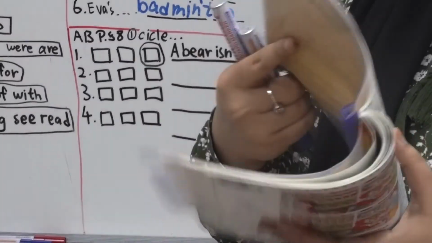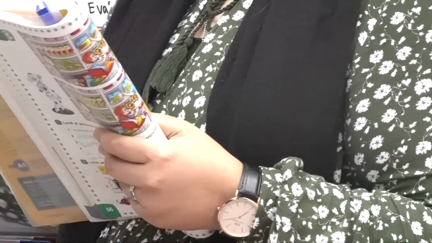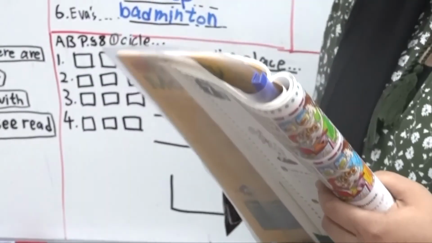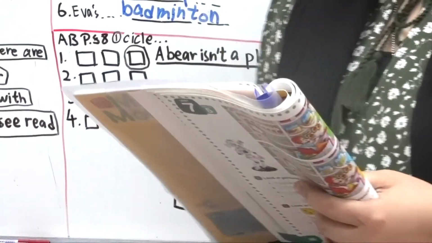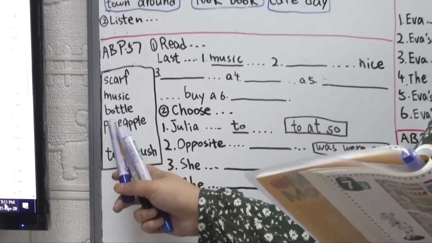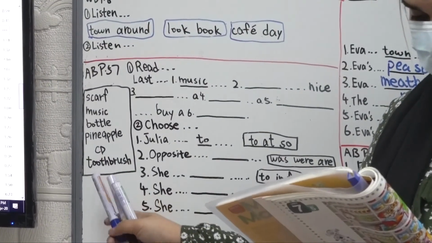Our activity book. So please turn to page number 57 of your activity book. So read the story. Choose a word from the box. Write the correct word next to number 1 to 6. So part 1. So here are some words, right? Scarf, music, bottle, pineapple, CD, and toothbrush.